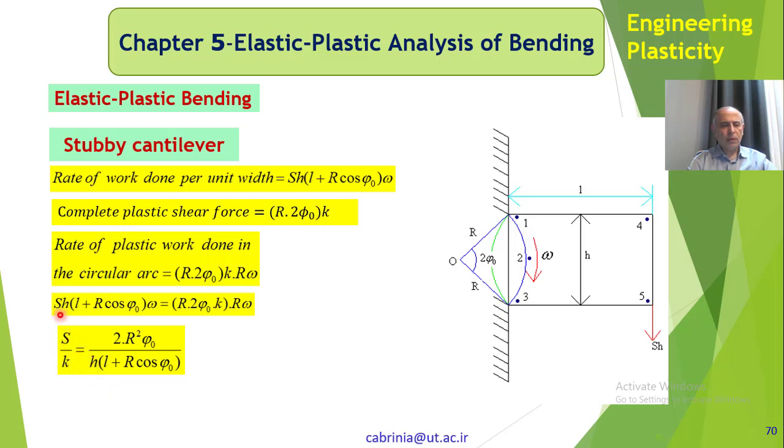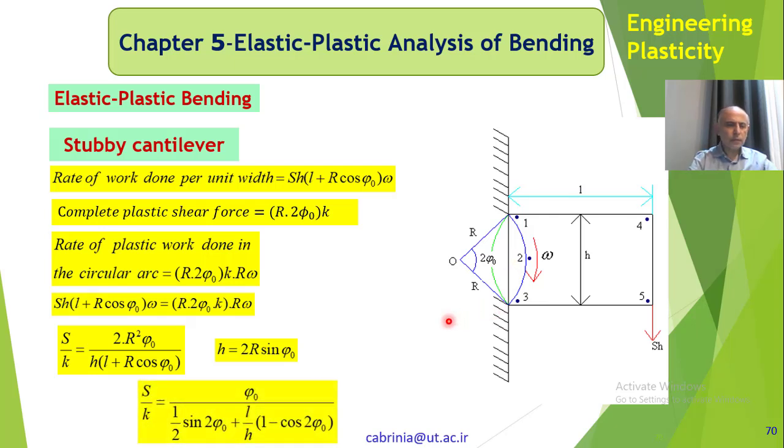So in here we have shown S over K is equal to 2R squared phi naught over H times L plus R cos phi naught in here, and H also is this distance, that distance. So that distance is R sine phi naught, and that's 2 times 2.